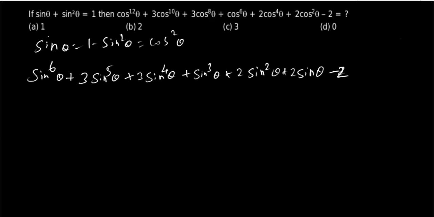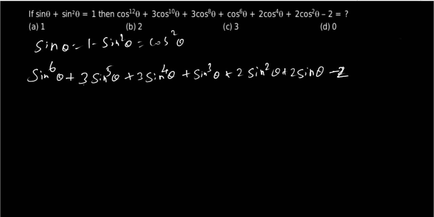So what is given? From the given thing, sine theta plus sine square theta equal to 1. So from sine power 6 theta and sine power 4 theta, if we take sine to the power 4 theta outside, we will get sine square theta plus sine theta.